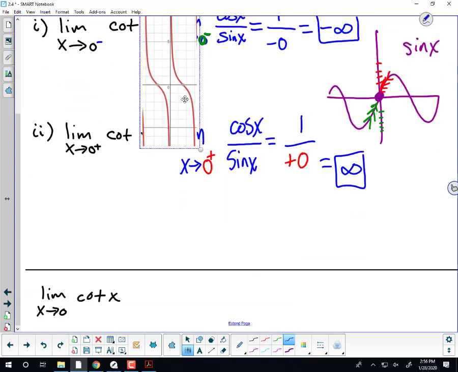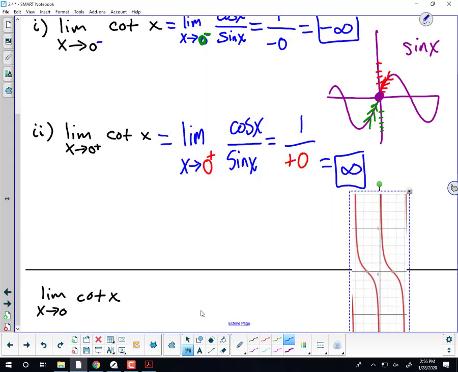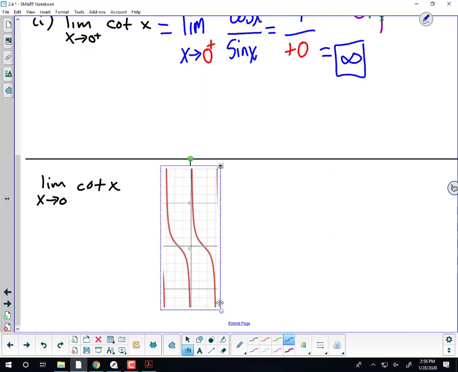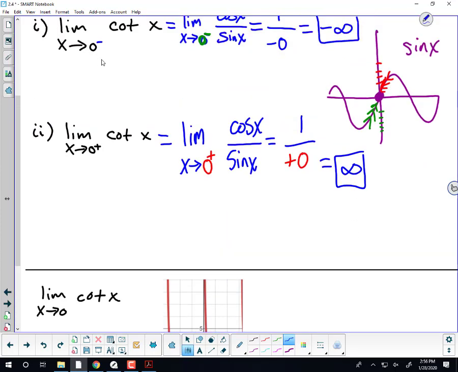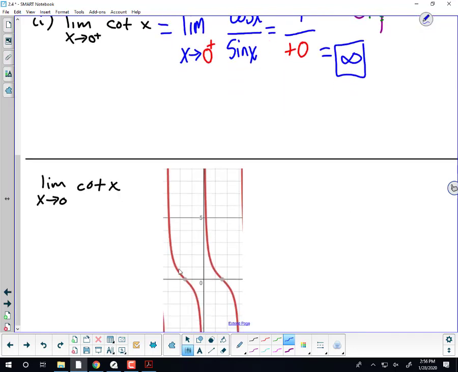But that does verify, as from the left, we said it was negative infinity. We can see that from the graph. Negative infinity down here. From the right, it's positive infinity up here.